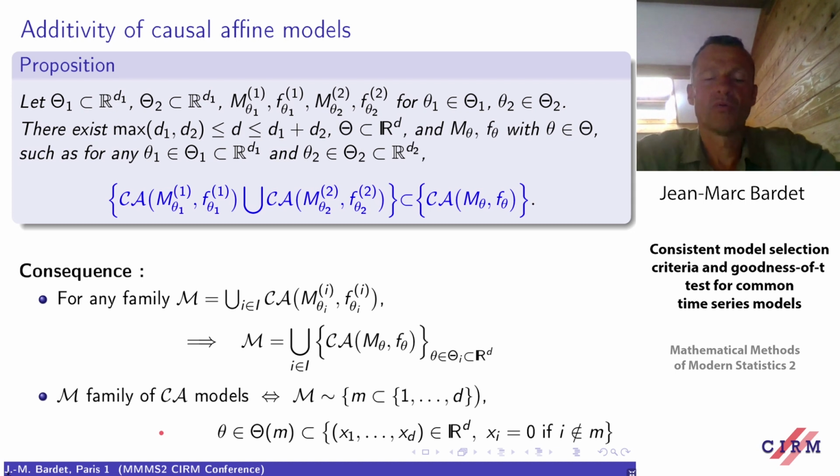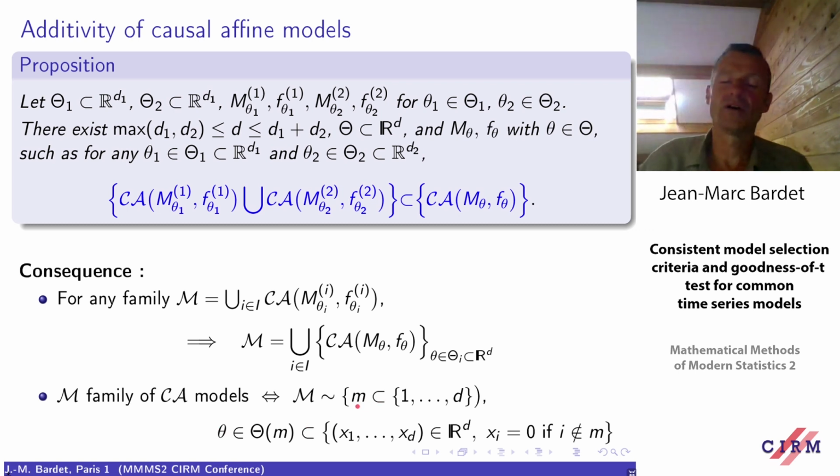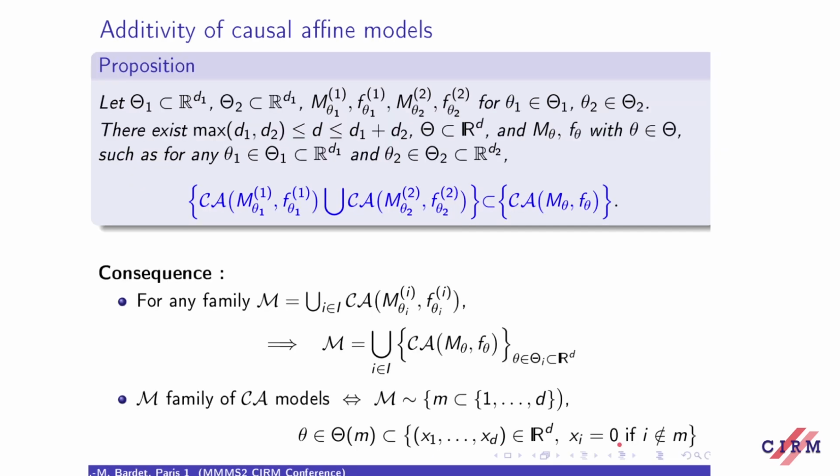Okay, so now finally, because any model of this family could be expressed with the same theta, the difference between the models will be the difference of the coordinates of theta which are or are not equal to 0.